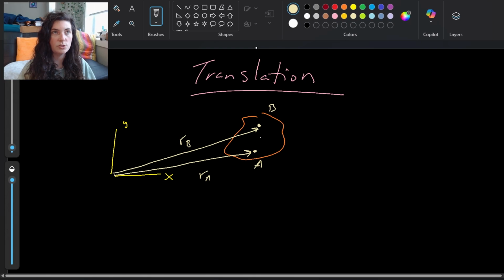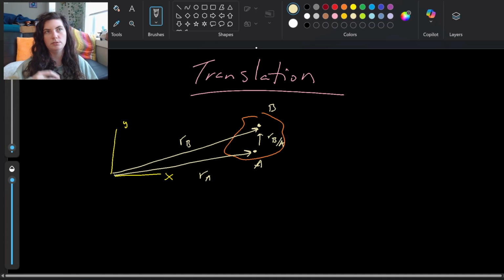I can relate those two together with our relative vector, RB with respect to A. With this, I can set up some relationships to find the positions of my particles within the body itself.